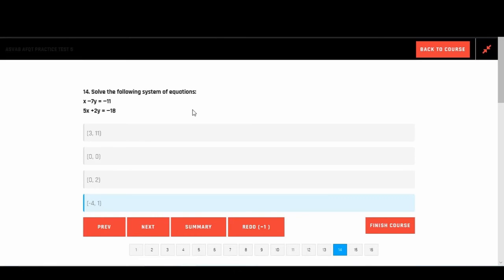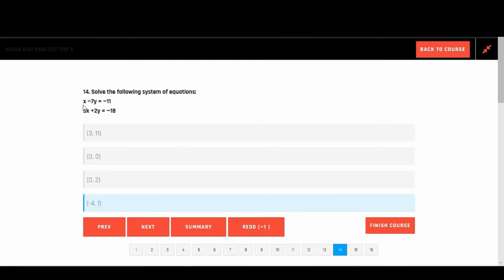So number 14 says solve the following system of equations. And again, this is something you probably learned in Algebra 1. The key to solving a system of equations is to multiply one of these equations by something, add it to the second equation to knock out one of the variables, and then solve for one of the variables.